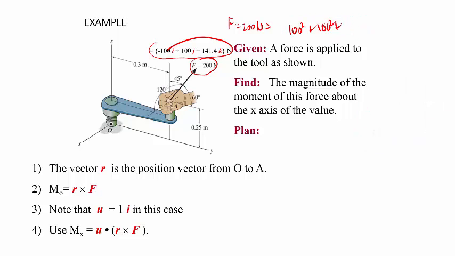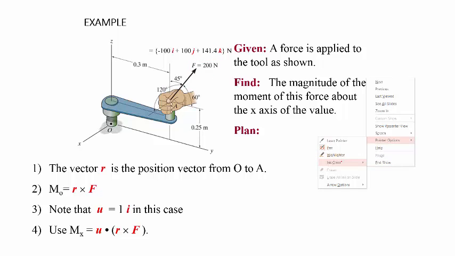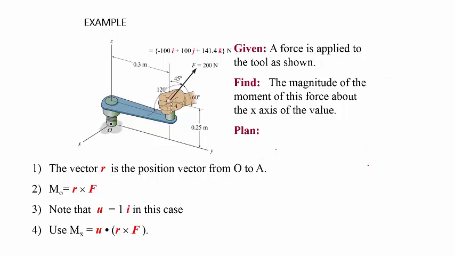So let me erase it, and remember you can pause this anytime. Here I have the force, and the question is, what is the magnitude of this force about the x-axis? We do first the cross product from any arbitrary point.